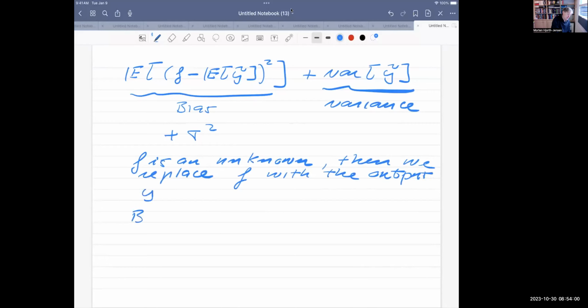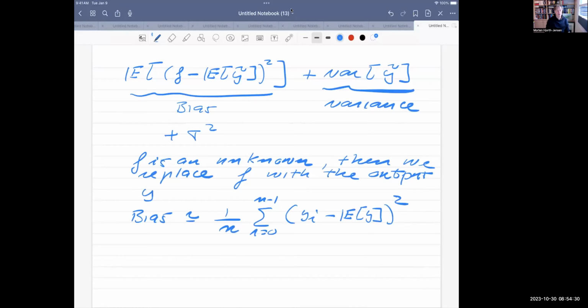So that means that this bias gets approximated with, since this is an expectation value, and we are replacing the unknown function f with the data set, simply in order to be able to perform any calculation at all, y of i minus the expectation value of the model itself, and this is being squared.